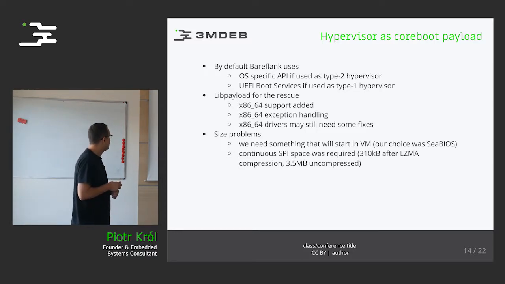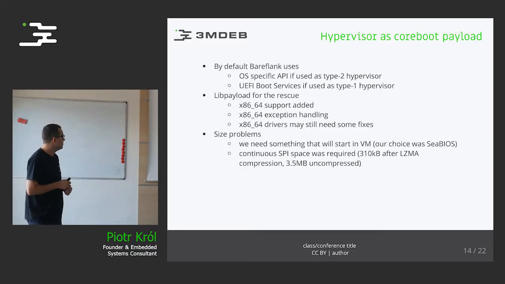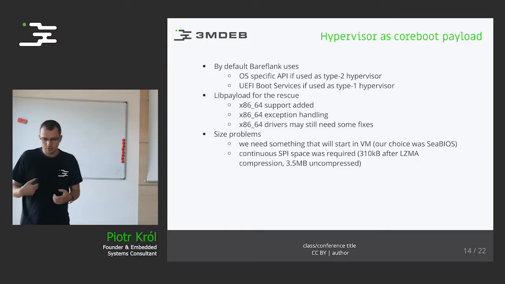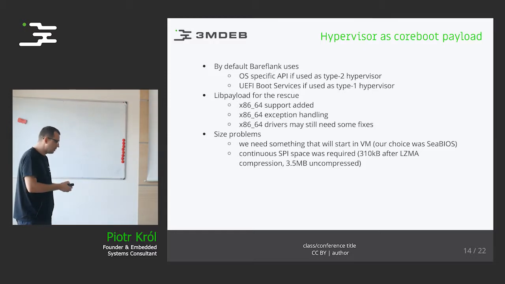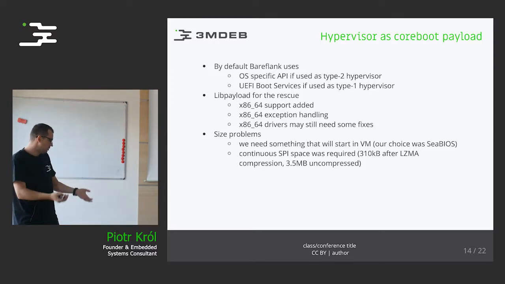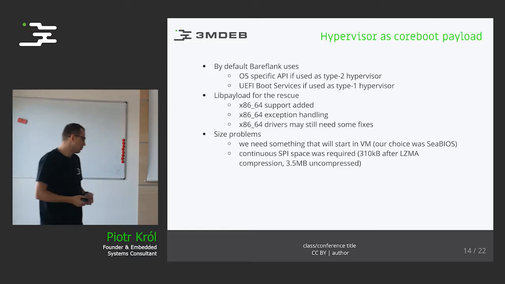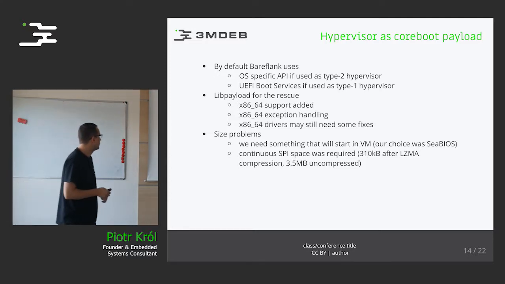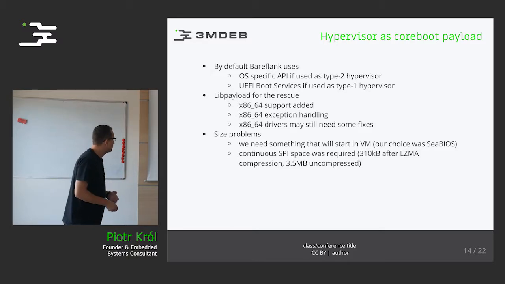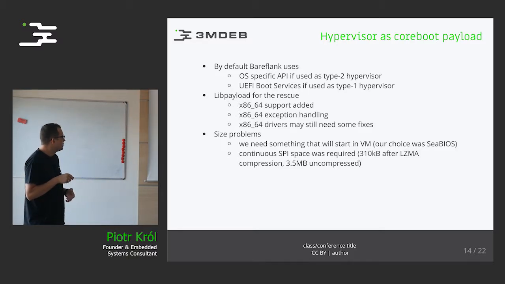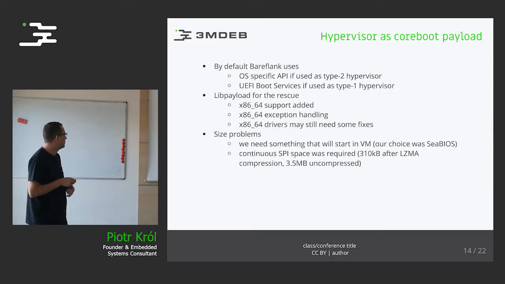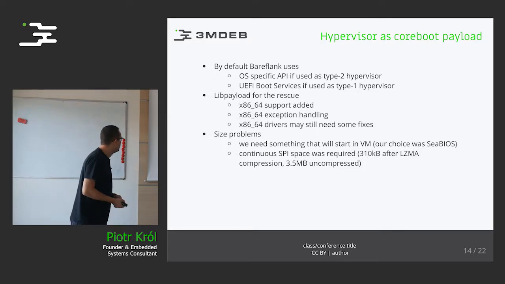There can be size problems in some cases. Definitely we need something in the VM that will start the operating system, or of course we can use some bare metal RTOS, but that is not a valid requirement here. We wanted to start a general purpose operating system, so we chose SeaBIOS, and we included it in the flash.